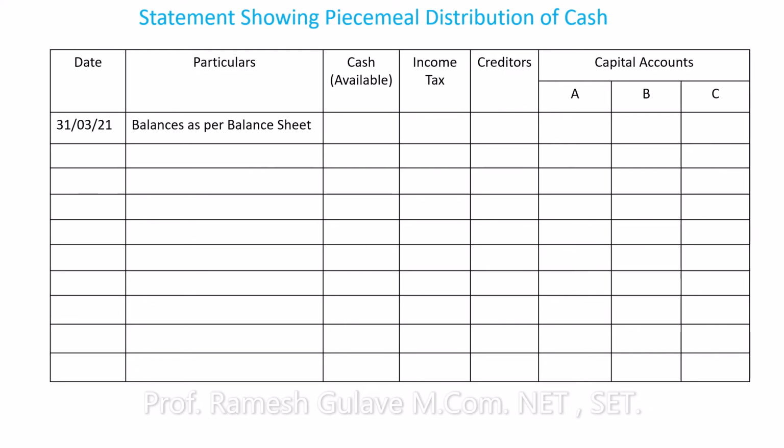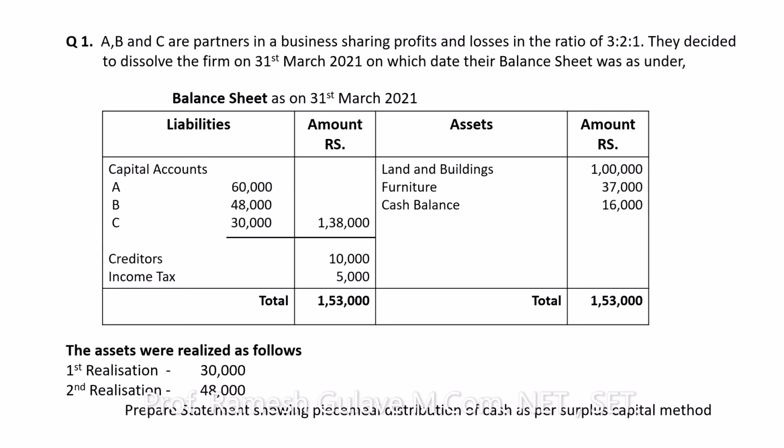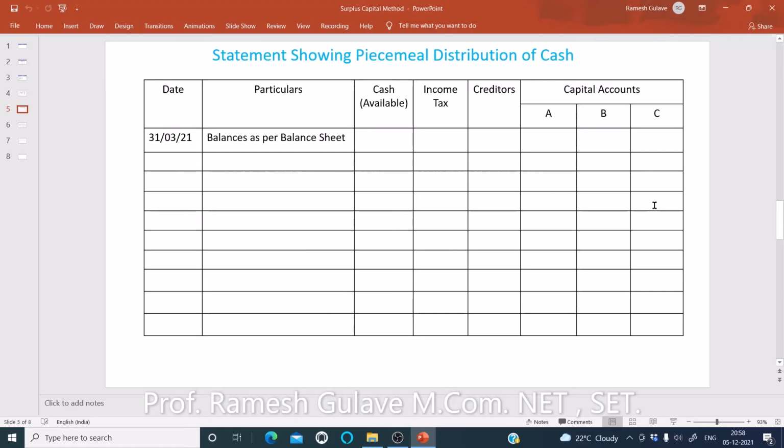Right, now let us record the balances as per balance sheet. So first we have to record the cash balance. Here in the balance sheet we can see the cash balance is rupees 16,000. Right. So first we'll record cash balance 16,000. Then the second column we have made is for income tax.